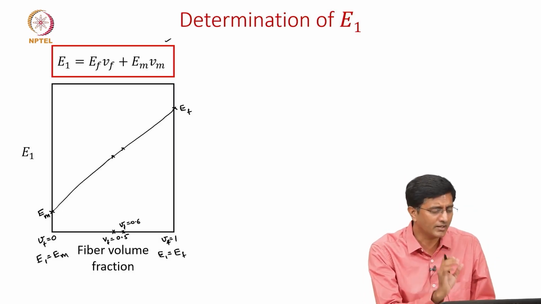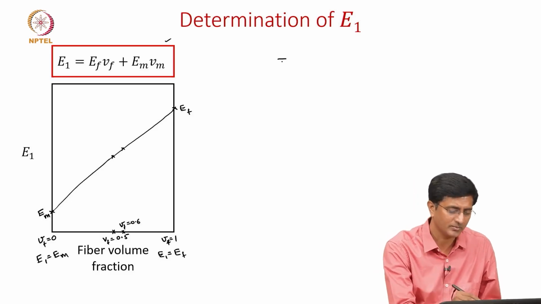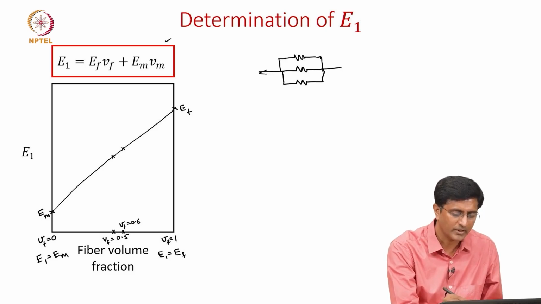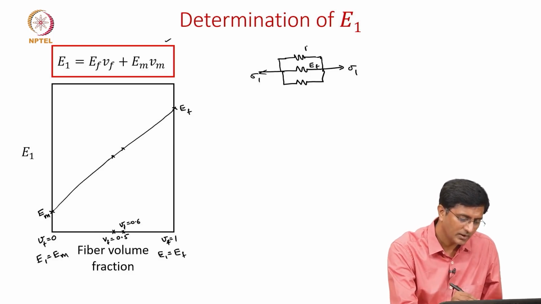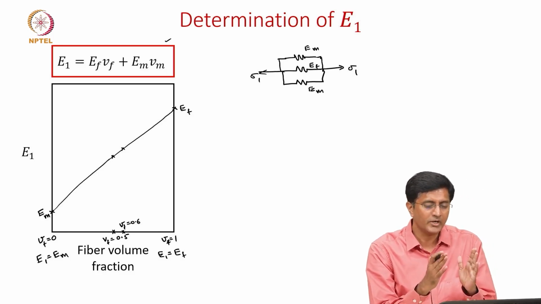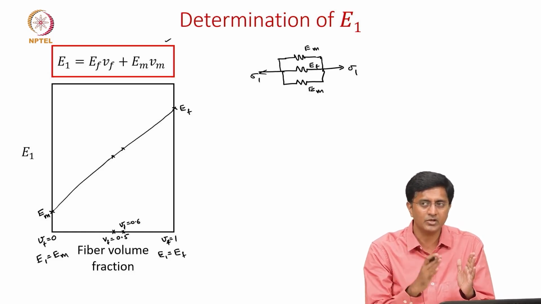The other way of looking at this micromechanics for E1 is we can think of the matrix and the fiber as though these are springs in parallel. So let's say we are applying loads sigma 1 on both sides, and let's say the intermediate one is the fiber and these are the matrix. Previously you remember when we applied this load, we said the whole fiber and the matrix will have the same deformation or the same strain.